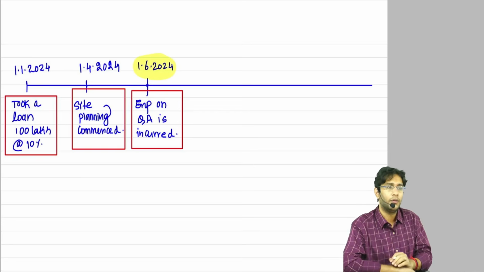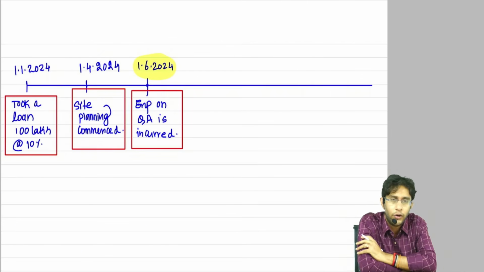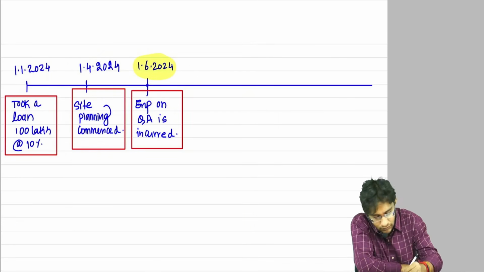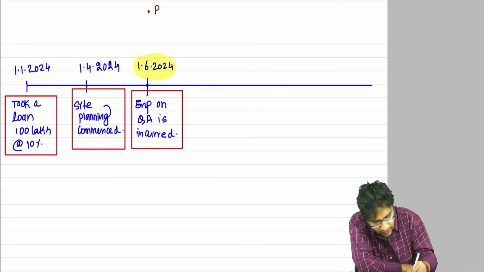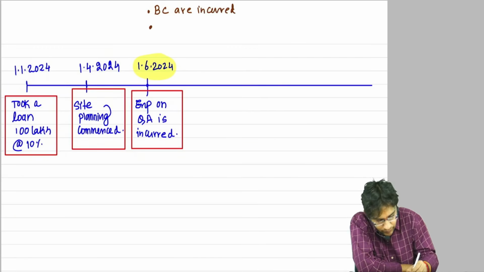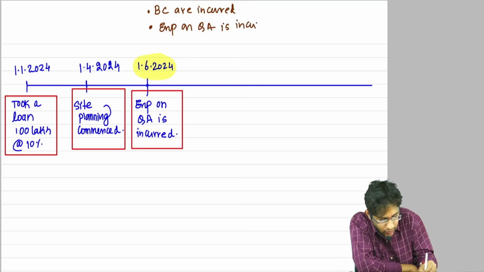By 1st June. By 1st June, observe closely. Are you incurring borrowing cost? Yes, sir. On this date, borrowing costs are incurred or not? Borrowing cost means what here? Interest. Next. Expenditure on qualifying asset is incurred or not?